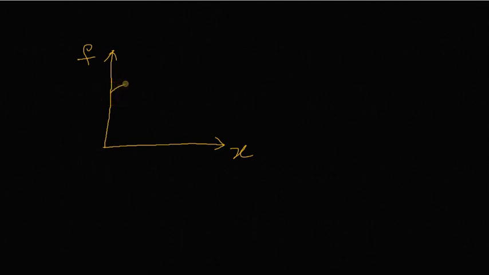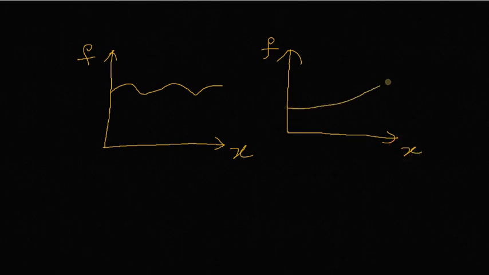One, the f versus x graph is in this format, and another condition is f versus x keeps increasing. In both cases the slope of the graph is called df/dx, which is the derivative.